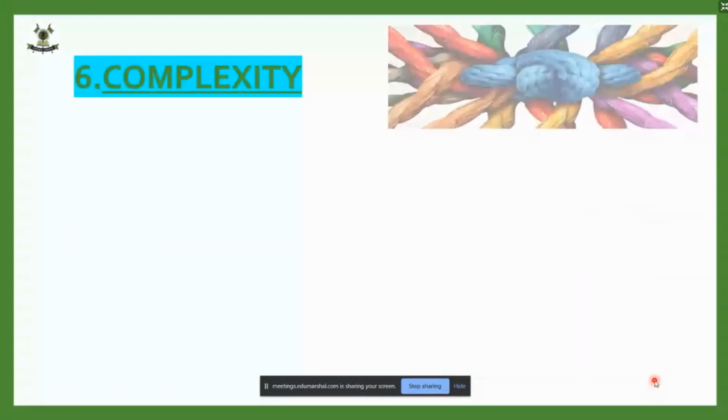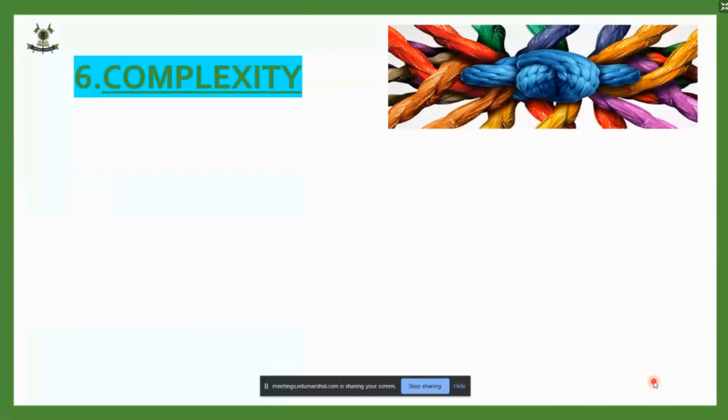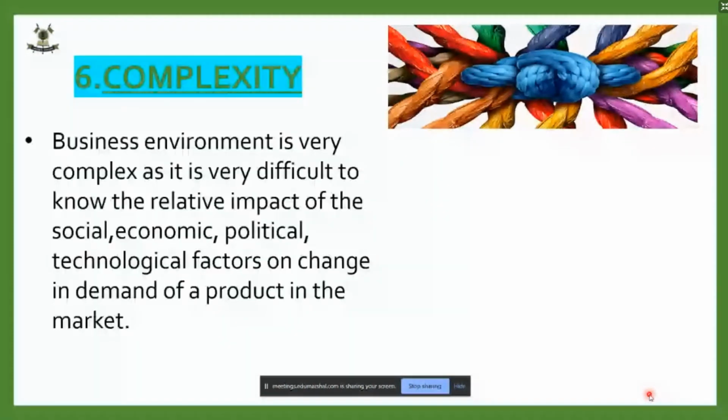Then we talked about complexity. We said business environment comprises so many factors, so many forces, so many elements. Taking care of all the elements is going to be very difficult because it's like a knot tied by so many threads. It is so confusing. So it is said that business environment is complex. Why is it said to be complex?